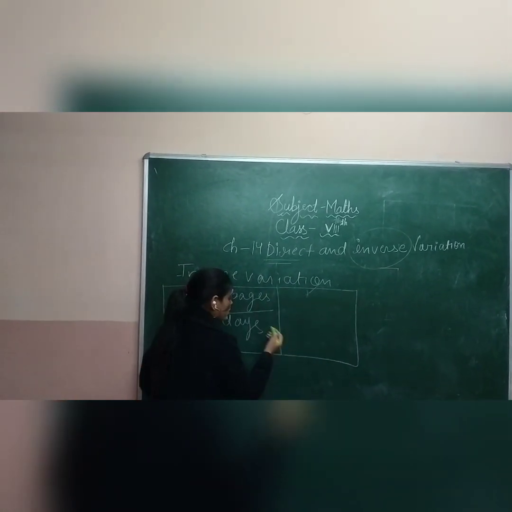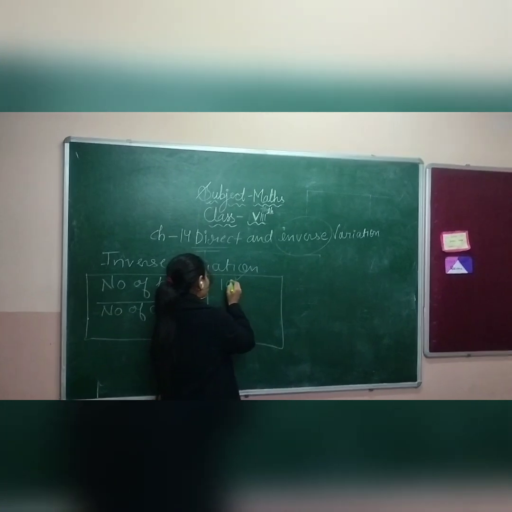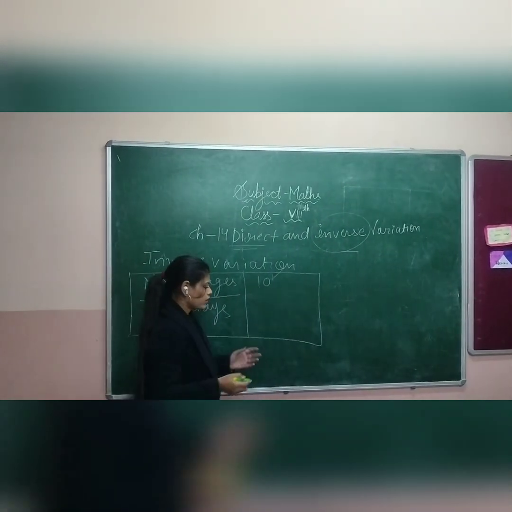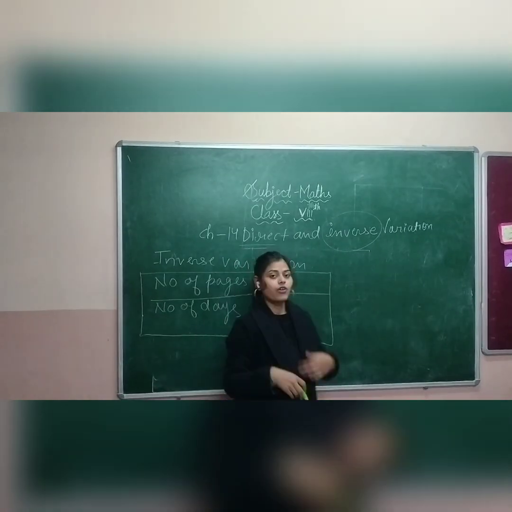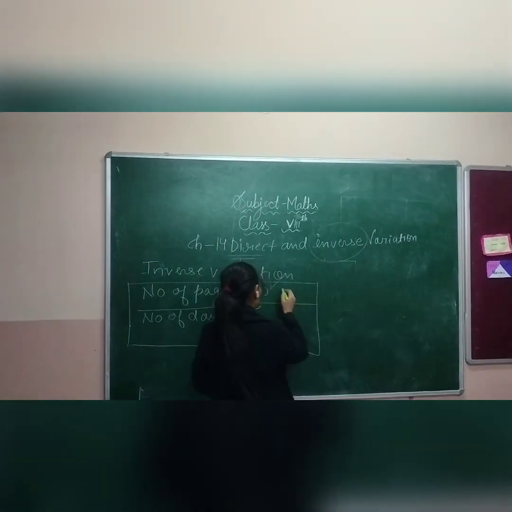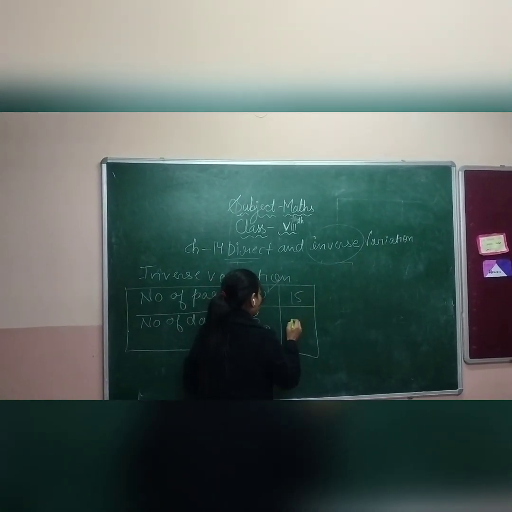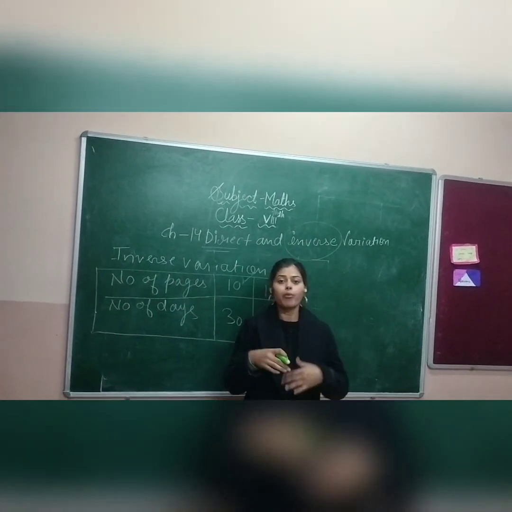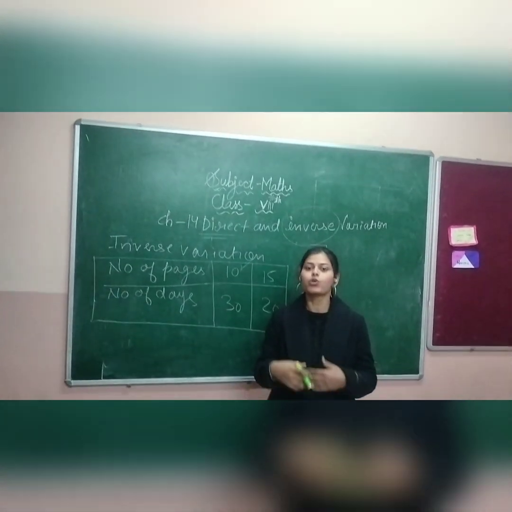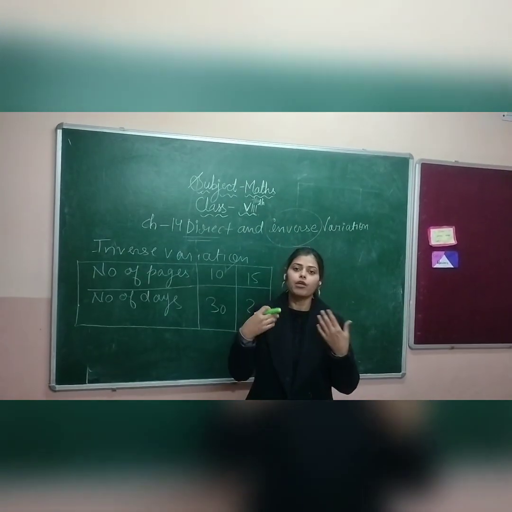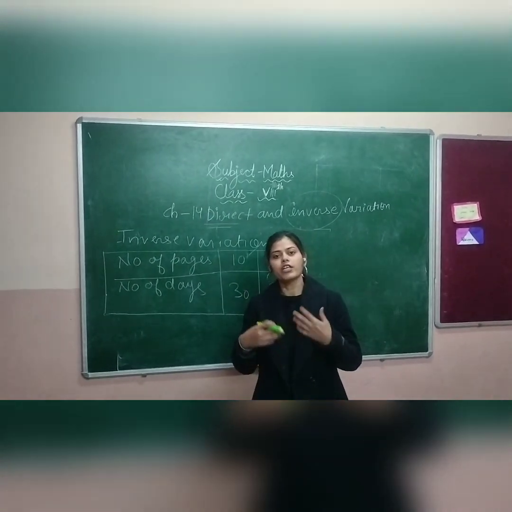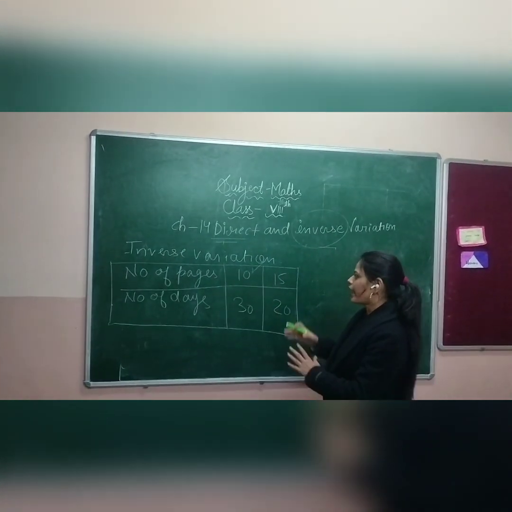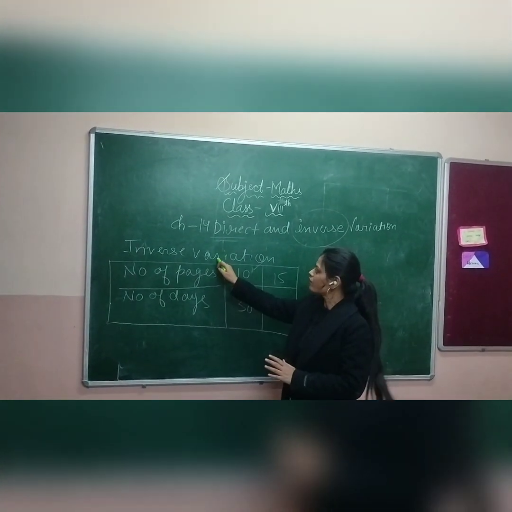Suppose I am taking 10 pages, you are reading in 30 days, and 15 pages you are reading in 20 days. It means the more pages you read in a day, the sooner you finish that book, in a short duration. So this kind of variation is inverse variation.